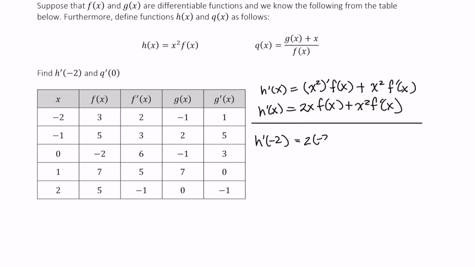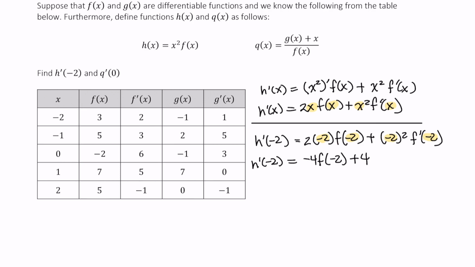So 2 times -2 times f of -2 plus -2 squared times f prime of -2. Just to make it clear, every single x was replaced with a -2. So h prime of -2 is equal to -4 times f of -2 plus 4 times f prime of -2.